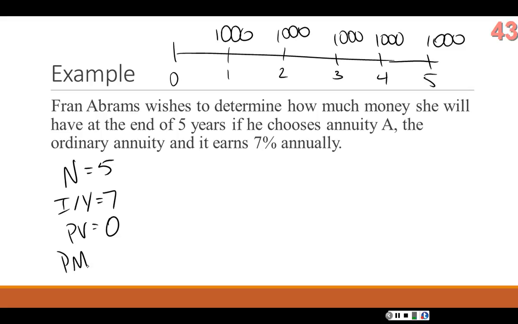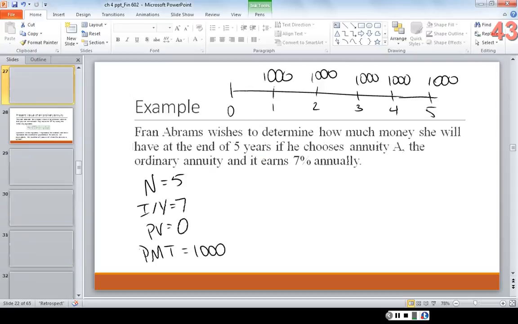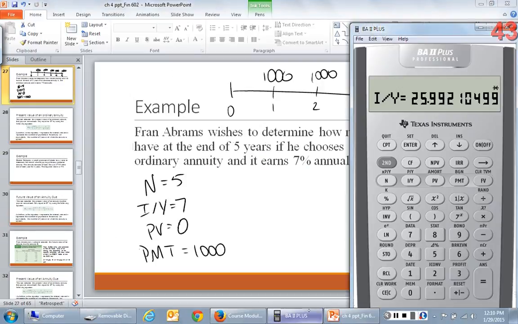And now the payment, she's receiving $1,000 every period. So it's $1,000. So we can put this in our calculator. First step is to clear the time value of money. So N is 5.